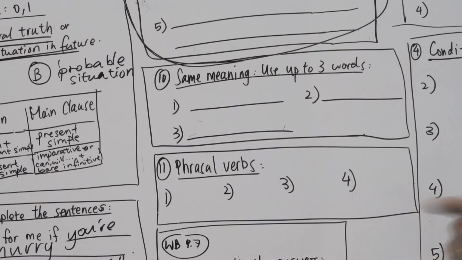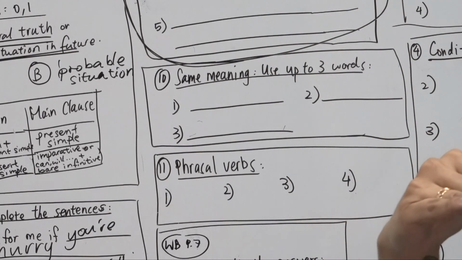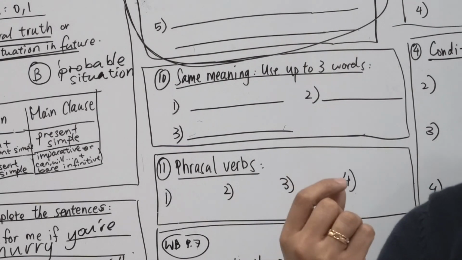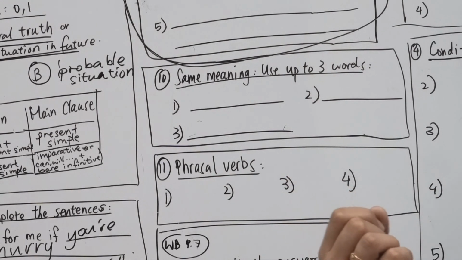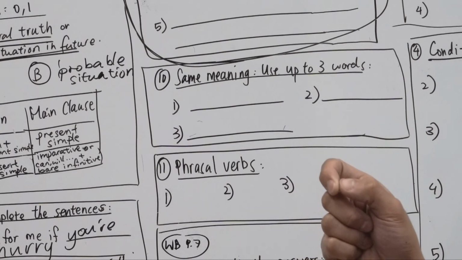Alright, so now let's go to part 10. Complete the second sentence so that it means the same as the first. So there's a first sentence on top, second sentence on bottom, right? Now we can use unless or if again. So number 1, he can't see without his glasses. He can't see his glasses. What should we write?